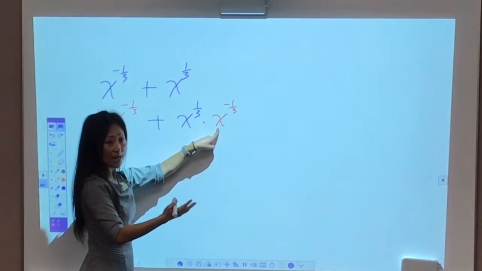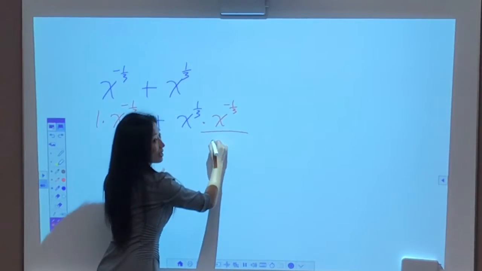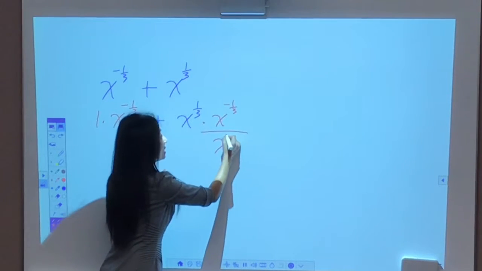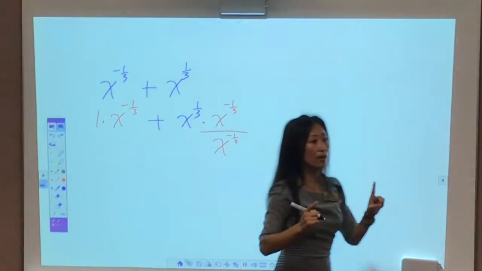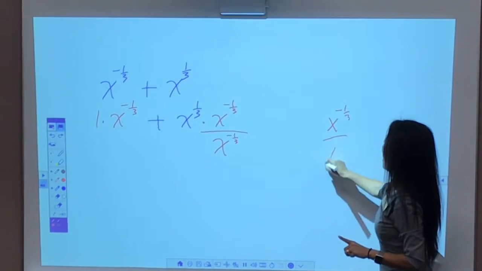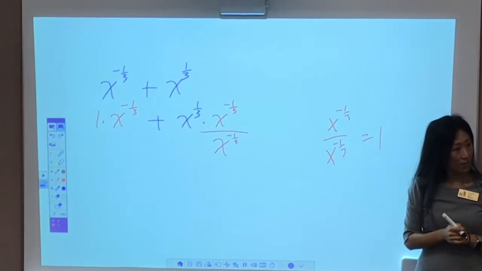I cannot just multiply something. So I need to also divide by what? X to the what number? Negative 1/3. In this case, did everybody agree? X to the negative 1/3 divided by x to the negative 1/3 is equal to 1. Am I right?